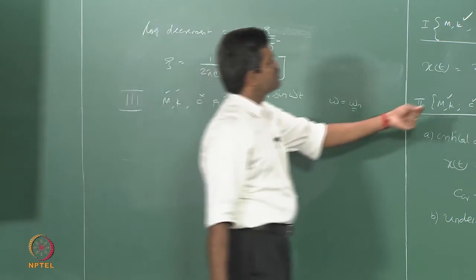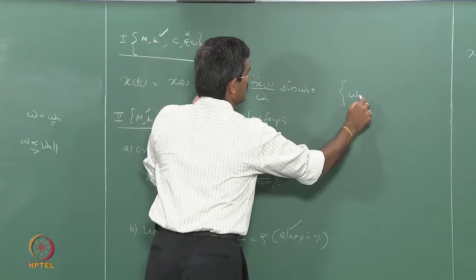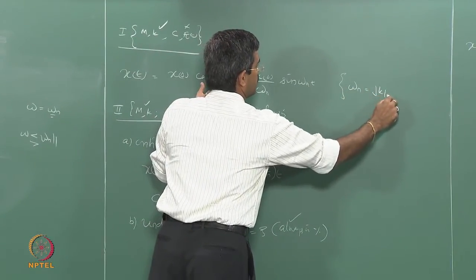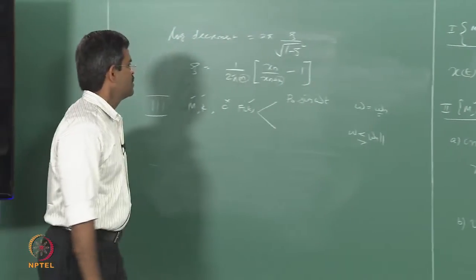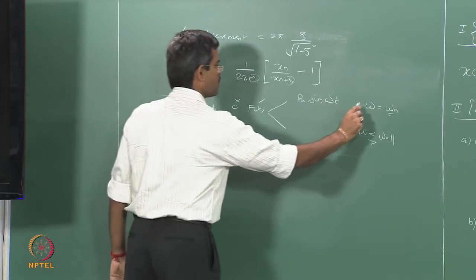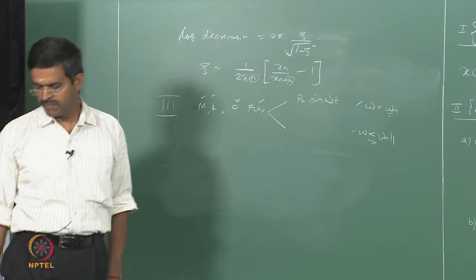Of course, here also in the equation of motion we know that omega n is root k by m. So, there are two cases, this can be 1 and this can be 2. We will write the equation for both of them, because both equations are different.